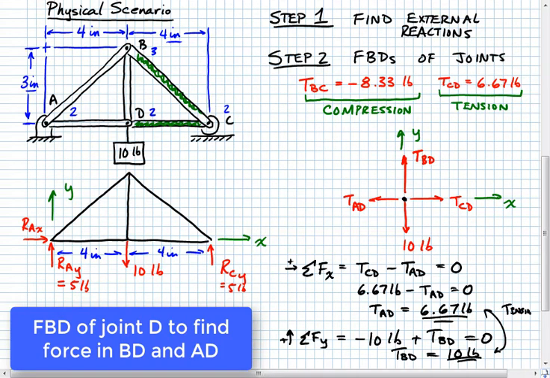All right, and so now we know 2 other members here. And let me go ahead and I'll just shade those in now. We know the forces that are in two other members. So we're really making some pretty good progress on this truss. We now have basically all but one of the members figured out as far as how much force is in each one.